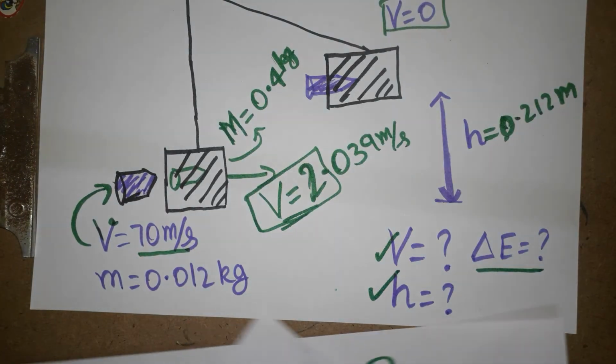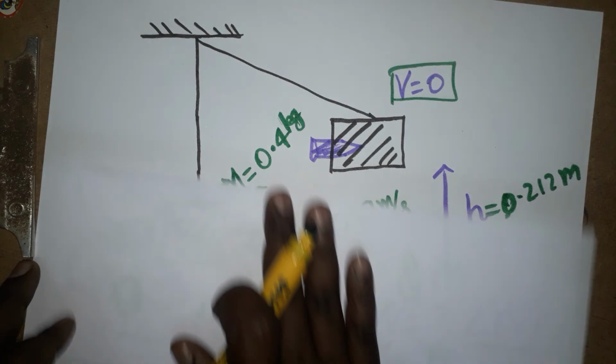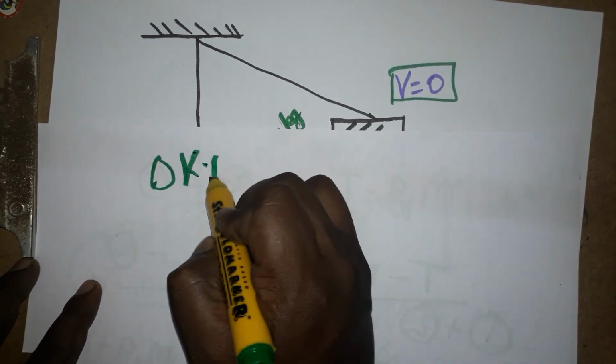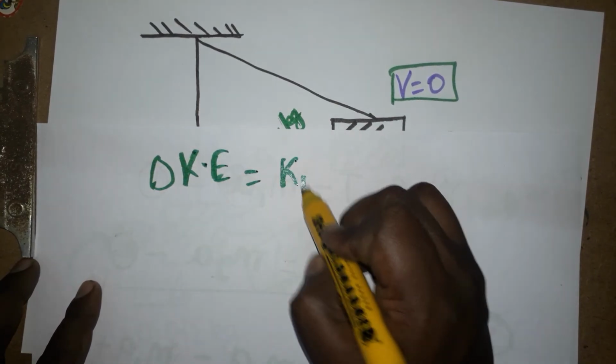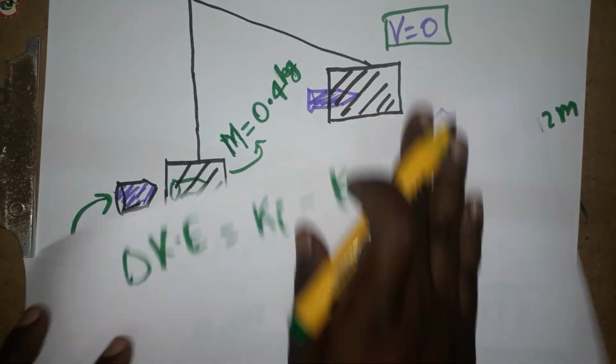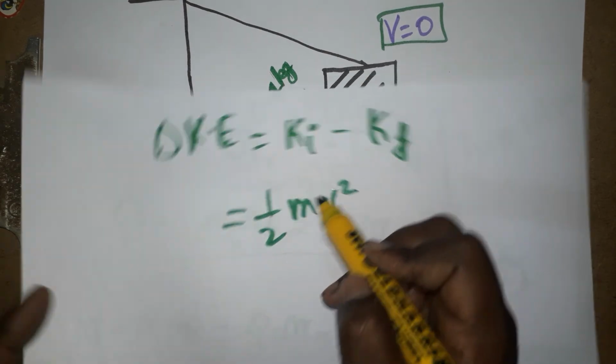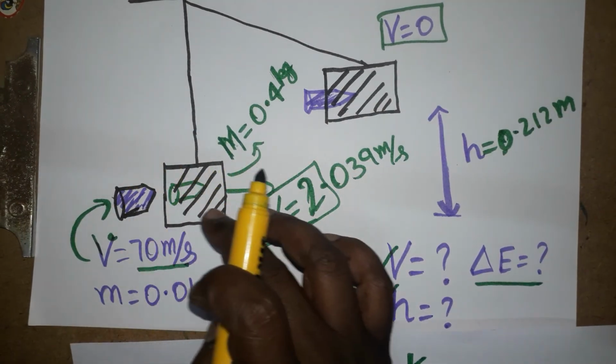Now how much energy is changing? The changing energy is the energy difference, kinetic energy initial minus kinetic energy final. Initially I take the bullet alone, half m v square, as the initial energy.